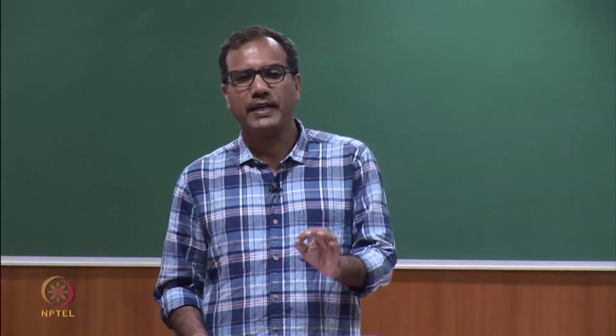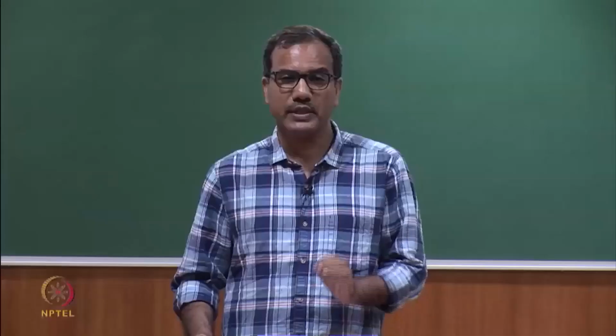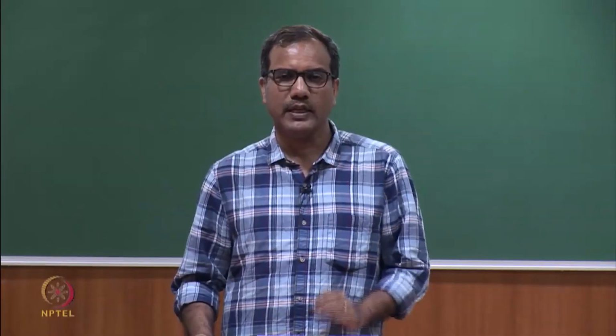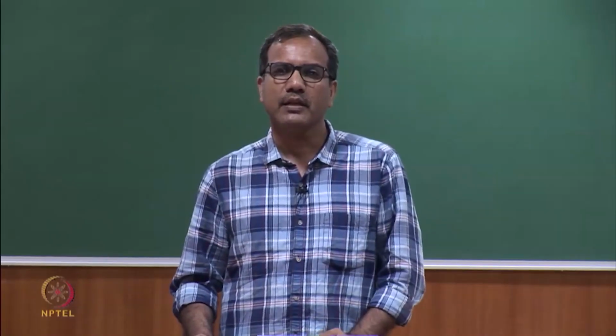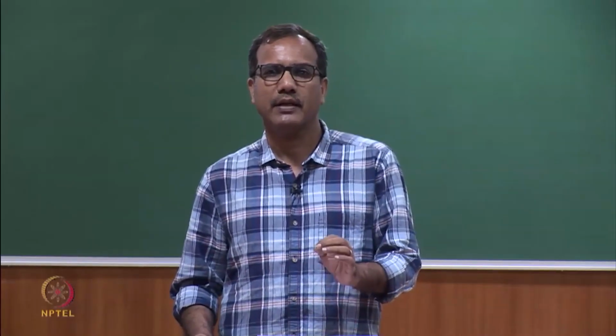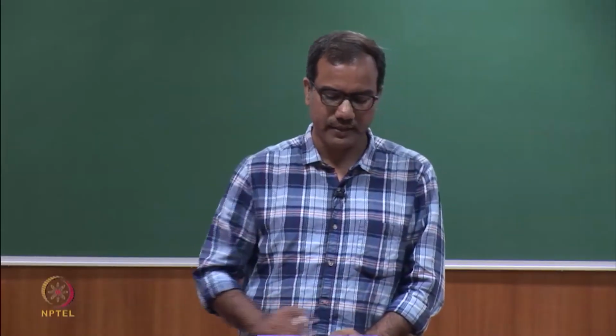The motion of an electron was described by the Schrodinger equation. He gave a very important mathematical formulation to describe an electron trajectory.